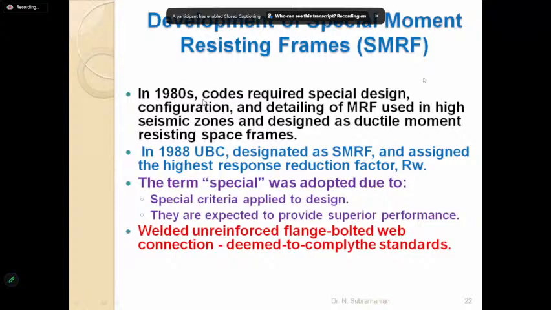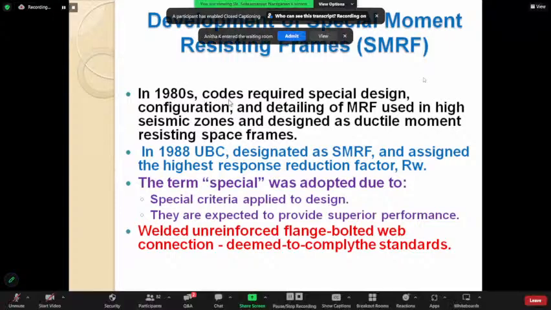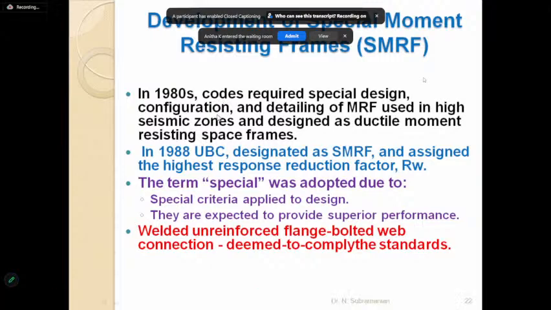Actually, in the 1980s, codes required special design, configuration, and detailing of MRFs used in high seismic zones and designed as ductile moment resisting space frames. In 1988, the UBC designated the SMRF, that is, special moment resisting frame, and assigned the highest response reduction factor, Rw.